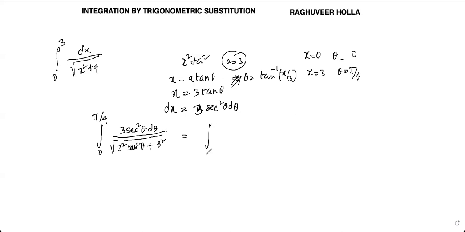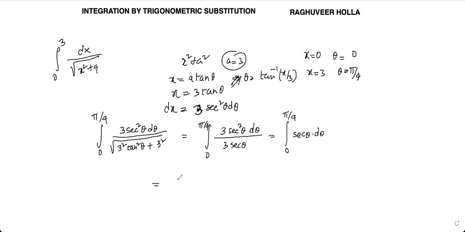So this will be 0 to pi by 4, 3 secant square theta d theta divided by 3 secant theta. Which is 0 to pi by 4 secant theta d theta, right?